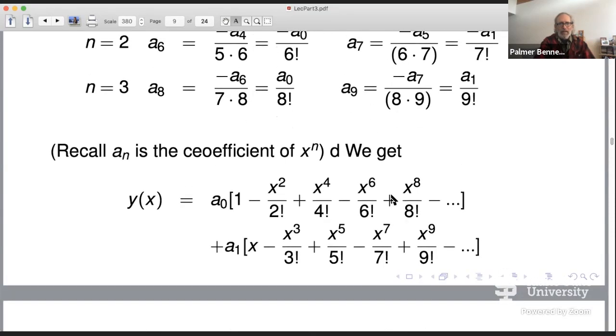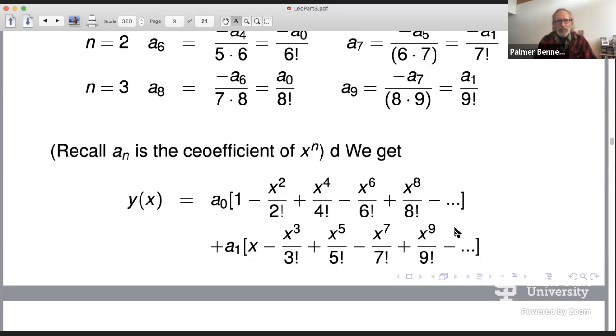So we took the x out. The next one was x to the 5th over 5 factorial, etc. So you get really 2 series, but that's 1 power series. And at this point, it's formal. We don't know yet that these series actually converge. Okay, so this is all kind of just formal.